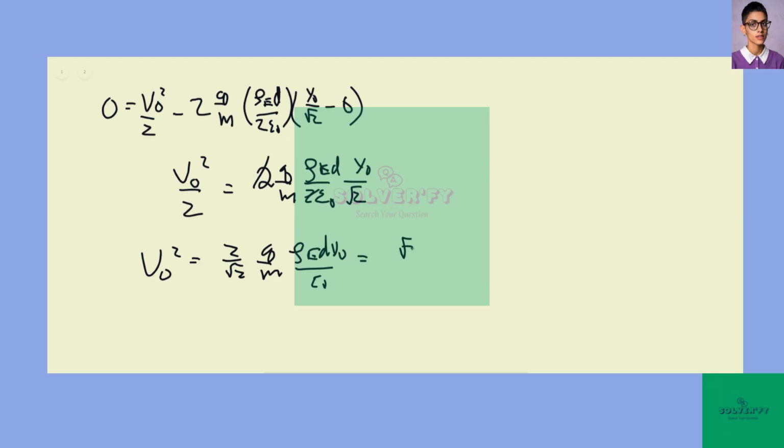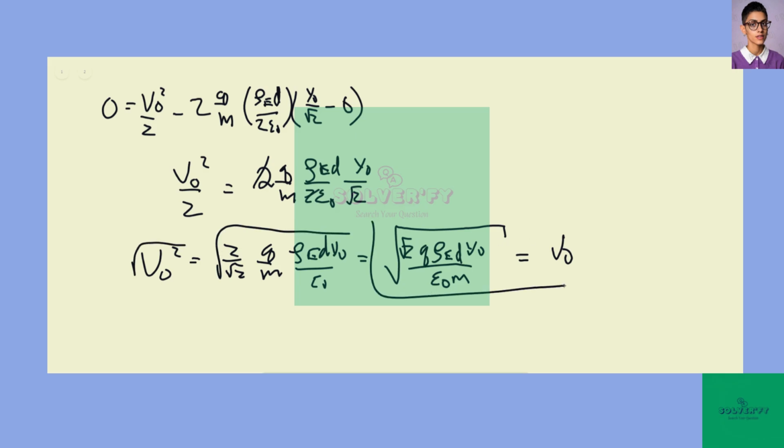And that's the same as root 2 q rho e d y naught over epsilon naught m, all square rooted, equals v naught. And that's exactly what we wanted to show. So this is the exact initial velocity it would take to stop exactly on the slab. So if the velocity is anything greater or equal, oops, I did that the other way. If the velocity is greater than or equal to this value, it will contact the slab.